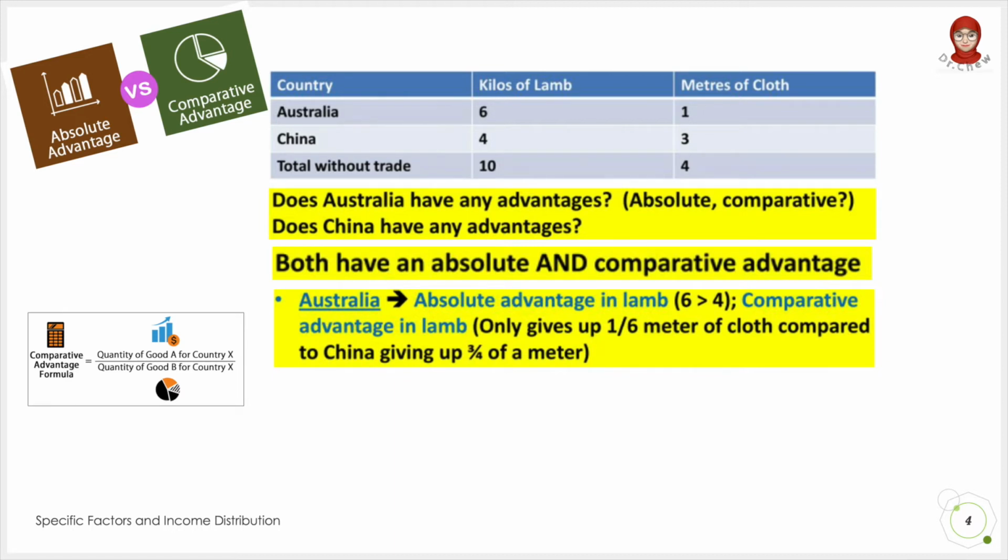In terms of comparative advantage, Australia also has the advantage in producing lamb because it only has to give up 1/6 meter of cloth, in comparison to China, which has to give up more, that is 3/4 meter of cloth.